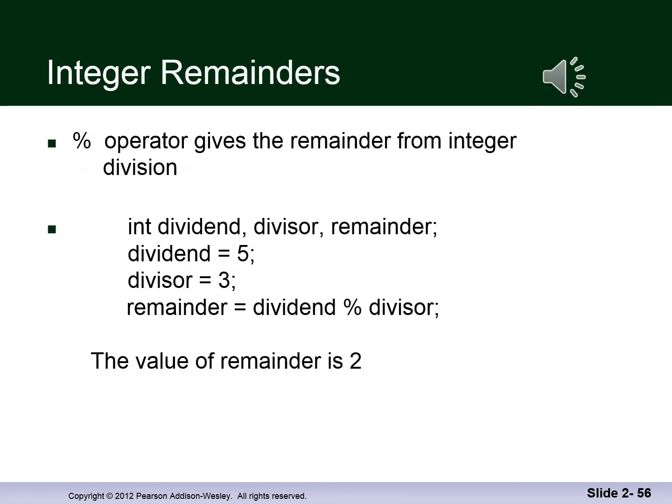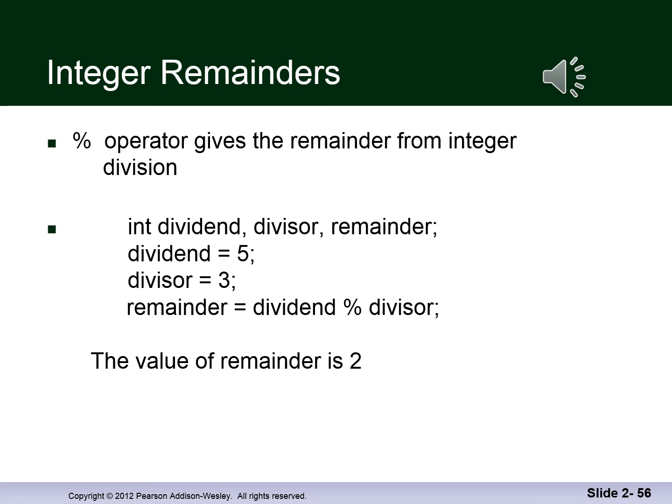If you want to separate the remainder, you can use the percent operator. This produces the remainder from integer division. So here's another example. We declare three ints: dividend, divisor, and remainder.